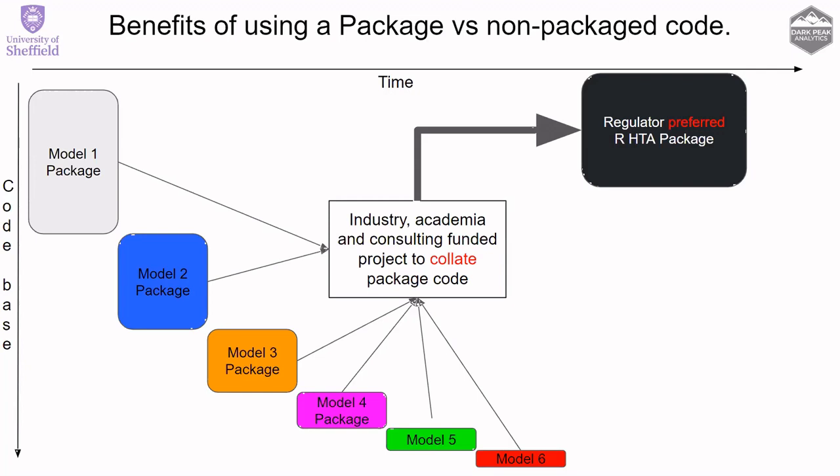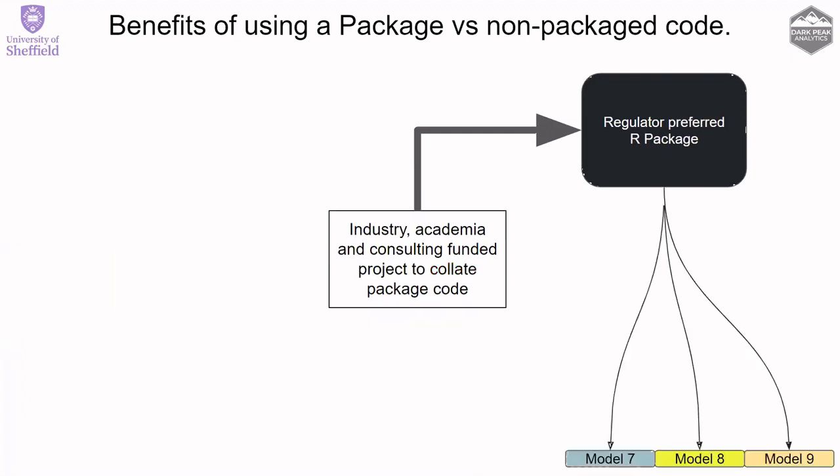And the example I gave yesterday is nobody's reviewing the base R mean function. If you review a model in R, you're not saying, is the underlying code for the mean function correct? People just take it as given that calculation is done correctly. And so then others, so for model 7, 8, 9, could tend to prioritize that package. And again, we see this already with survHE and flexsurv and others.